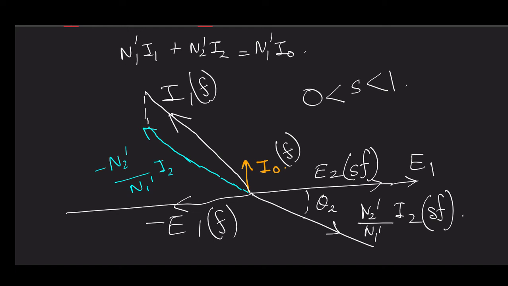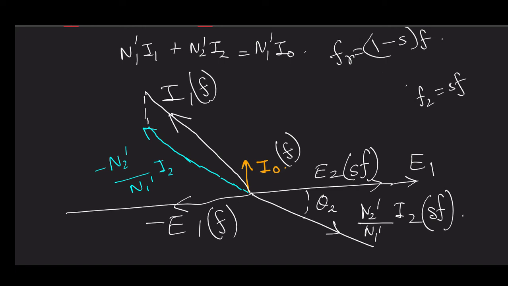And what is the rotor's mechanical speed of rotation? It is Fr, and that is equal to (1 minus S)f. And this F2 is equal to Sf. We measure this F2 with respect to this Fr.